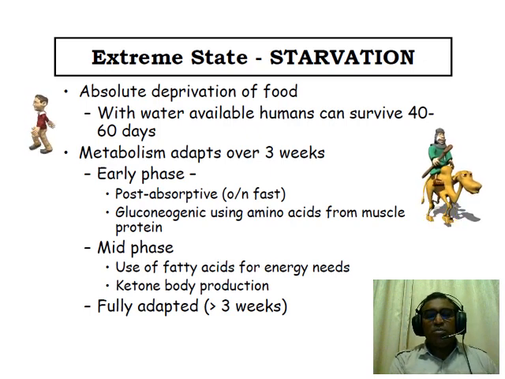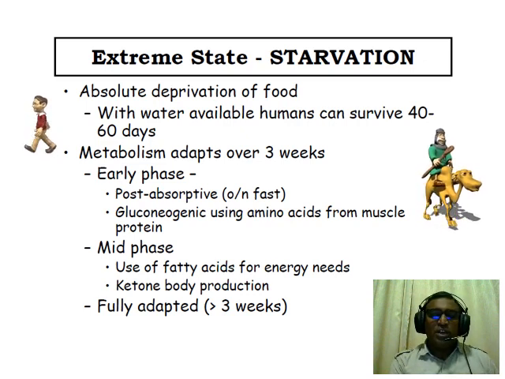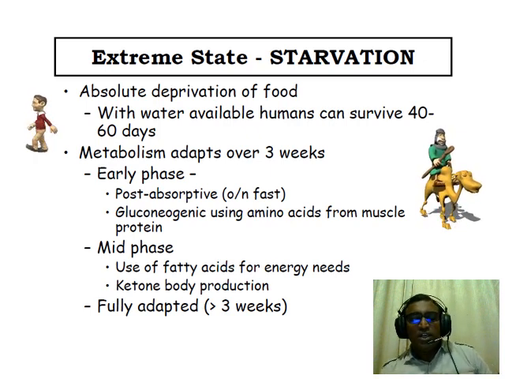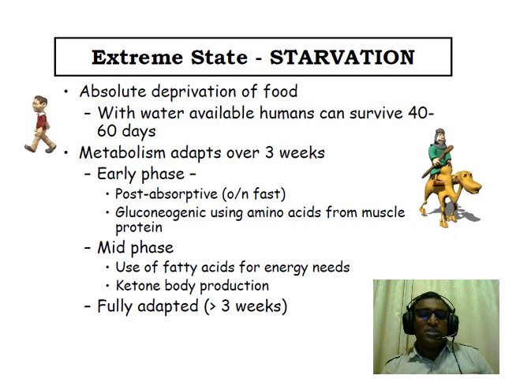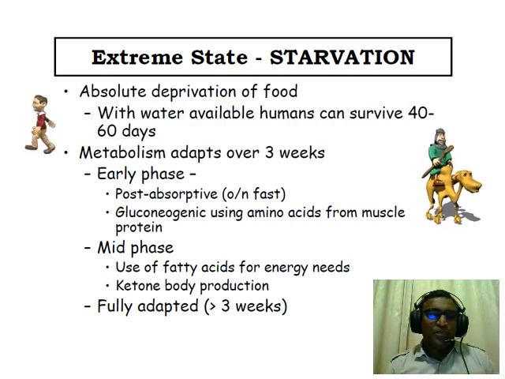So assuming Bob is given water, no problem with water, and then he is left to starve without any food, what happens in his body is there's an early phase, mid phase, and then fully adapted. The early phase is actually the post-absorptive phase, where all the free glucose and all the glycogen is depleted, used up to get energy.